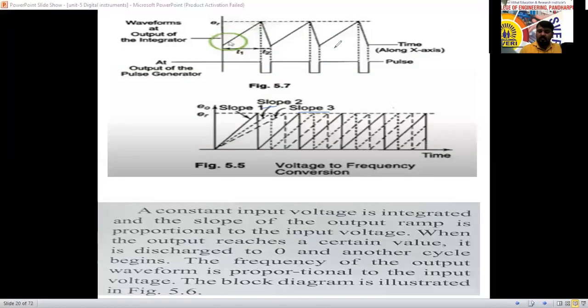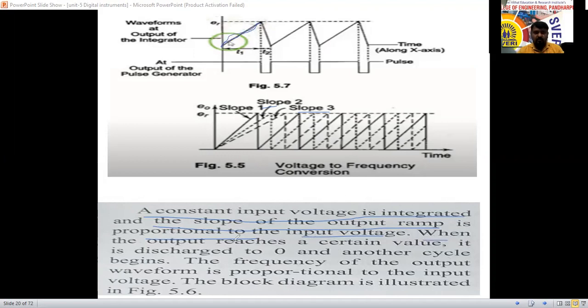See here, whatever I have explained now, the same thing I have written for your understanding. A constant input voltage is integrated, and the slope of the output ramp is proportional to the input voltage. Whatever the constant input is, whatever the slope is, that is proportional to the input voltage.